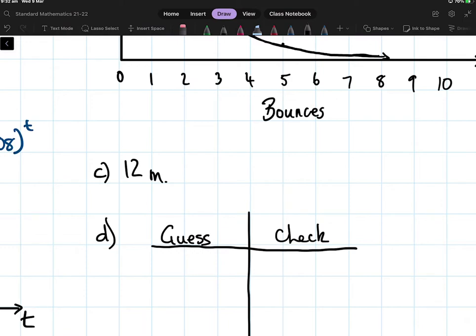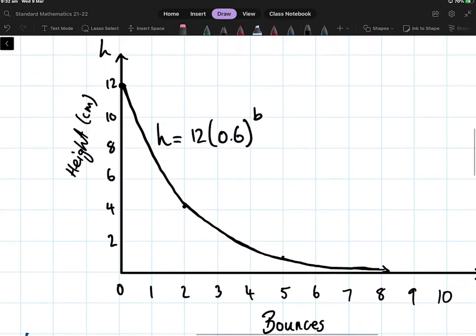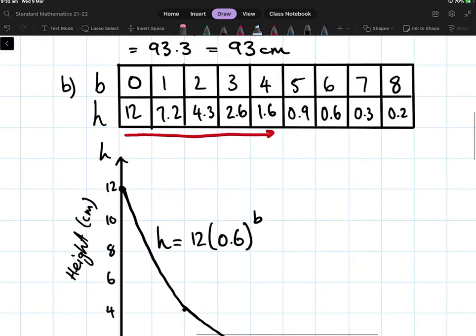Question D says, estimate after which bounce the ball will rise to 12 centimeters. Well, I know after 8 bounces, we're 20 centimeters in the air, so I'm a fair few away still. By getting close, so let's just go 2 away from that.